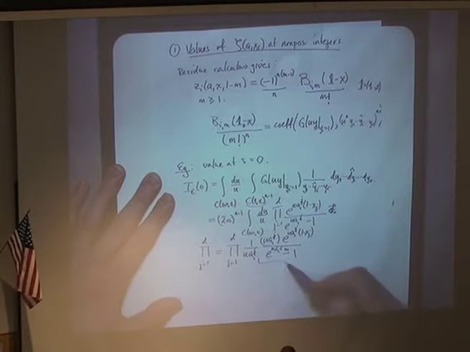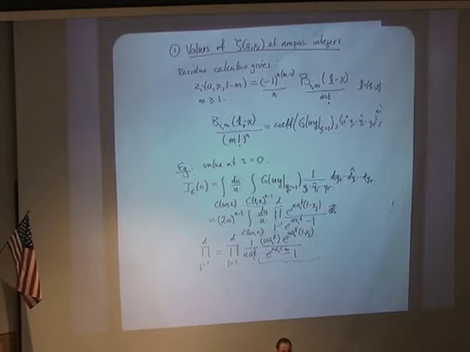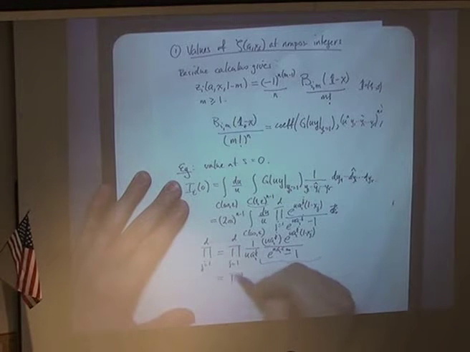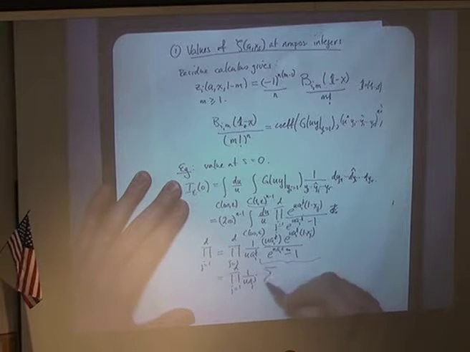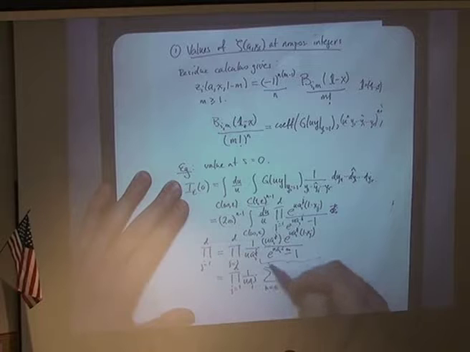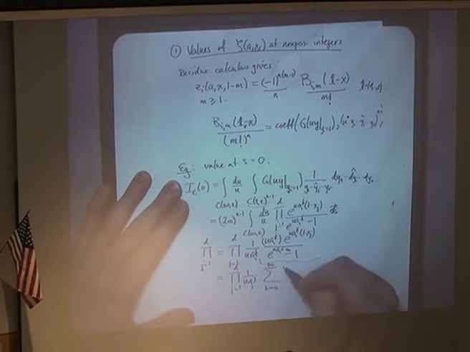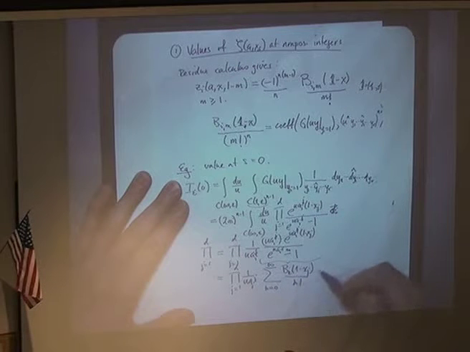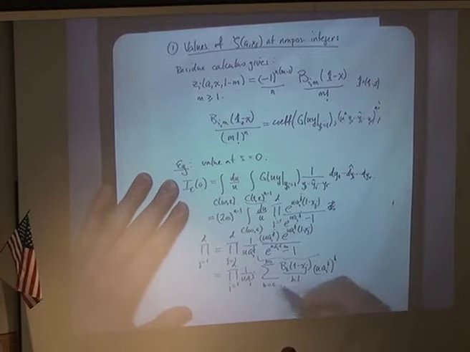And now this is exactly the generating function for the Bernoulli polynomials. So what we get is the product as j runs from 1 to d of 1 over u aij times the sum as k runs from 0 to infinity of the kth Bernoulli polynomial evaluated at 1 minus xj divided by k factorial times u aij to the k. Maybe I should index my k by the j.